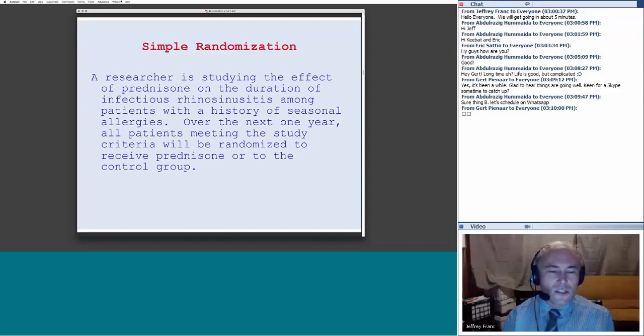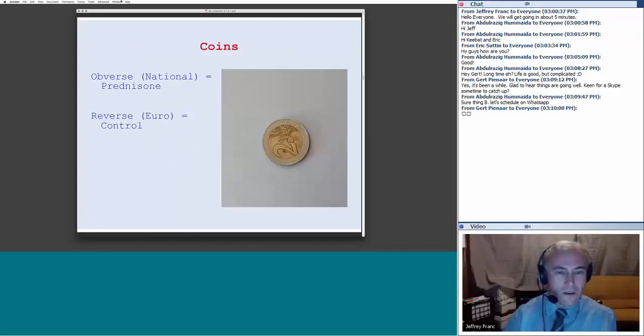So here's just an example. A researcher is studying the effect of prednisone on the duration of infectious rhinosinusitis. Over the next 1 year, all the patients meeting the study criteria will be randomized to receive either prednisone or to the control group. So here we just pick a coin.